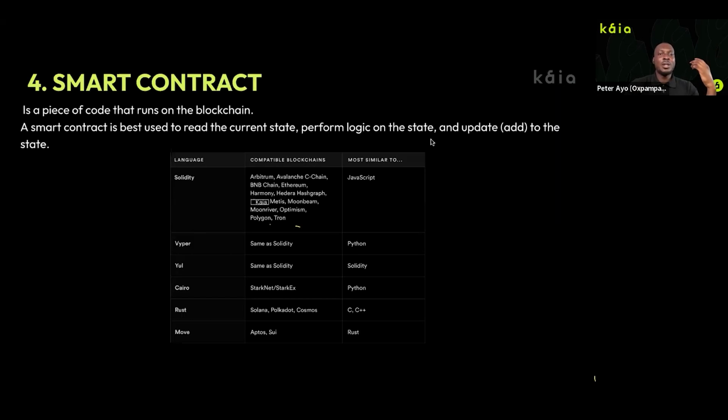This is how business logics are being brought on chain. So a smart contract, in simple terms, is a piece of code that runs on the blockchain. And when we say a piece of code, it's basically a bunch of if-else statements, right? And what this means is that it basically just helps set some sort of preconditions. And once those conditions are met, it is executed.